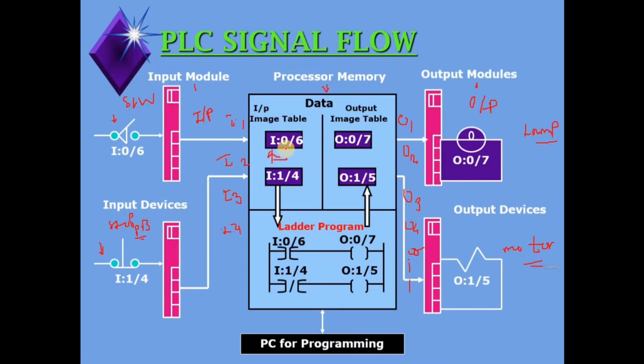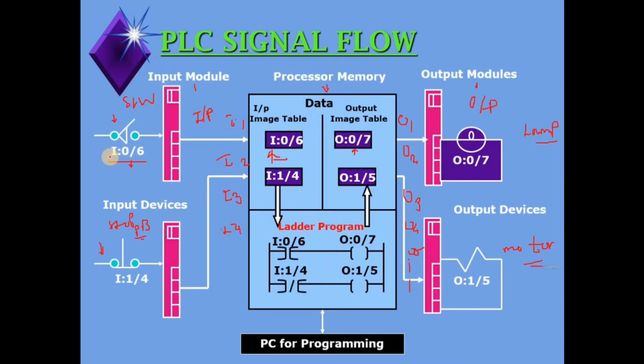The field input device may be anything: a limit switch, a push button, a maintained switch, a momentary push button, even a sensor. And O:0/7 is nothing but the output. I'm just telling you the meaning of this address. In an upcoming session, I'm also going to tell you about the addressing, so here I'm just going to highlight it.